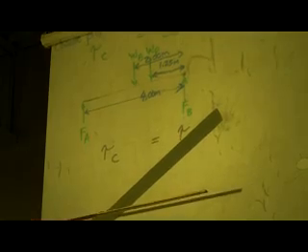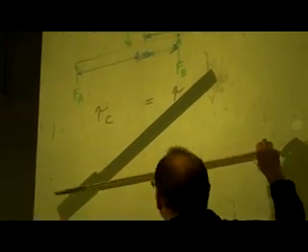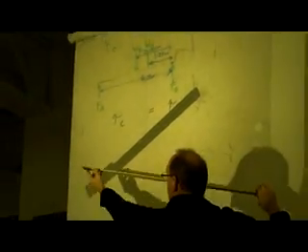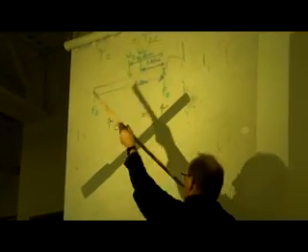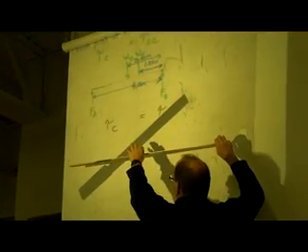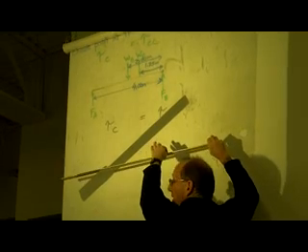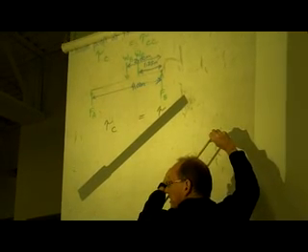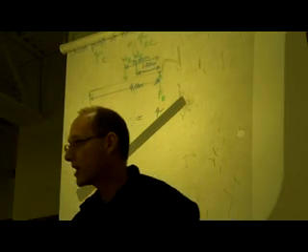Force A is going to cause this bridge to go clockwise. The weight of the bridge is going to make it go counterclockwise, and the weight of the person is going to make it go counterclockwise. So I've got 2 counterclockwise torques and 1 clockwise torque.